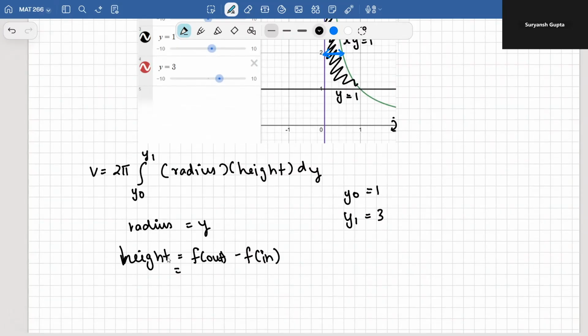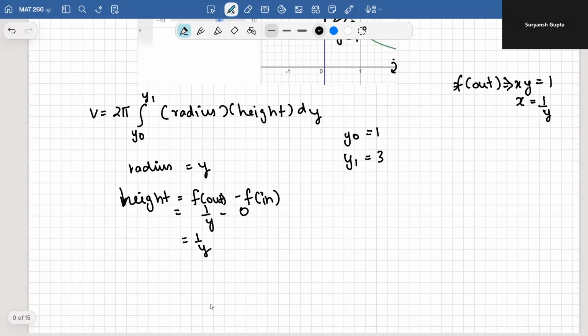So the function on out is xy equal to 1. Since I need everything in terms of y to be fed into my equation, x is equal to 1 over y. So I have 1 over y minus f in. In is this line here, and that is just x equal to 0. So my height is 1 over y.